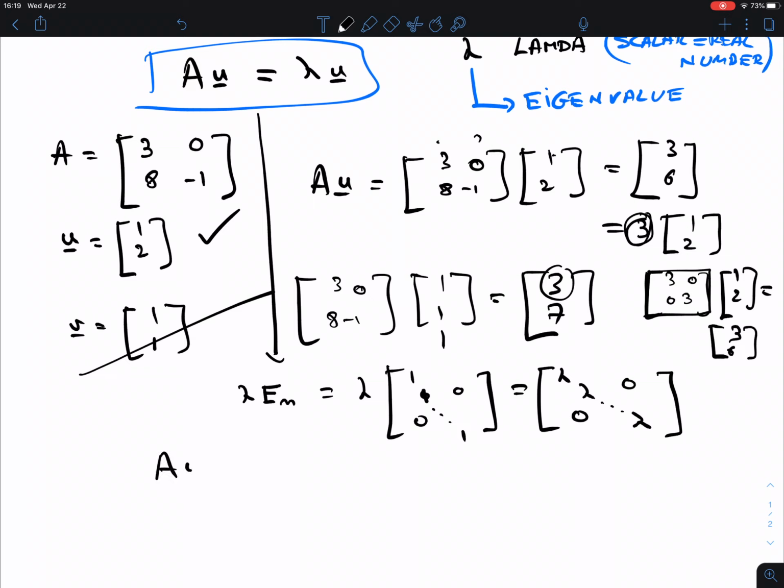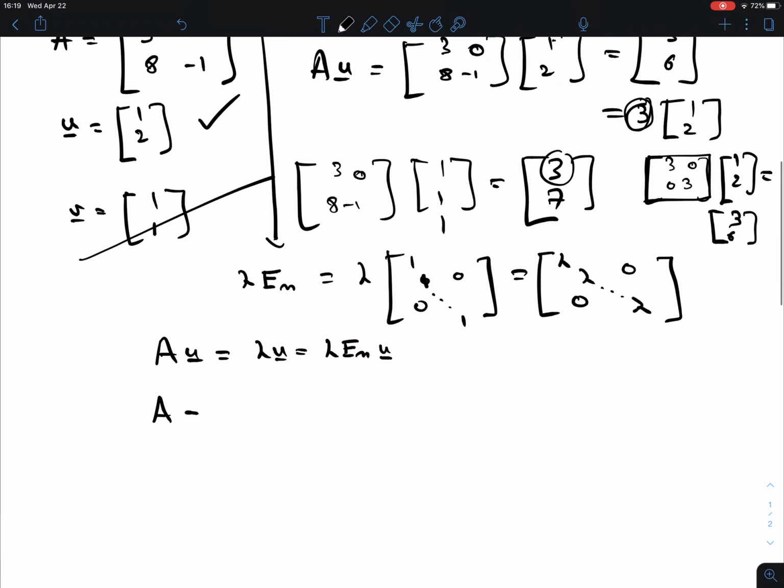I want to write this equation as lambda u, but I can think of this as actually the matrix lambda times En, times u. So let's bring both to the other side. So there's A minus lambda, sorry, let me do it not too quick. Au minus lambda En u equals 0, right? So what we have is that A minus lambda En, times u, is 0.